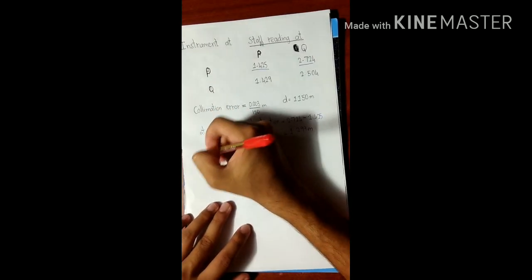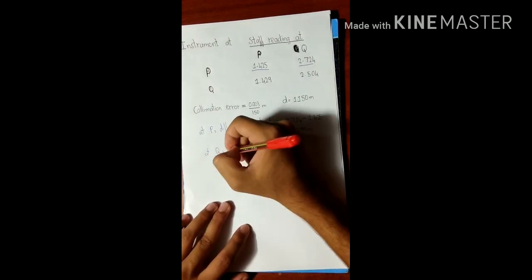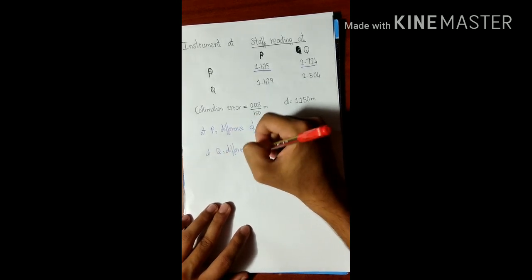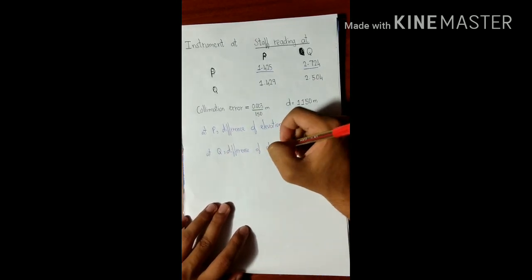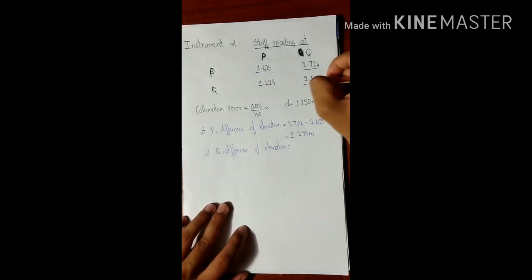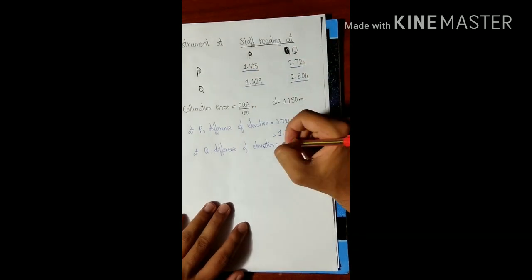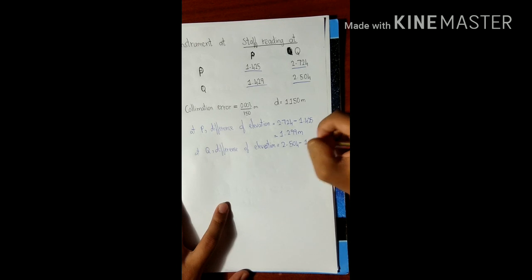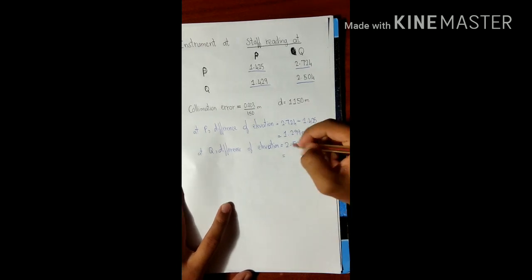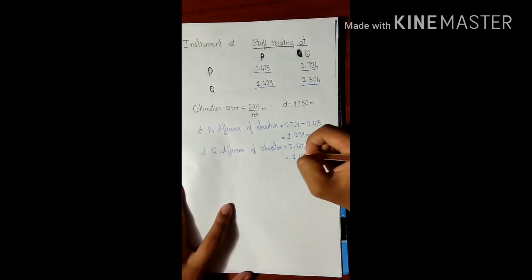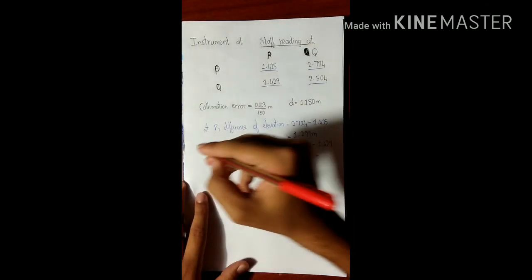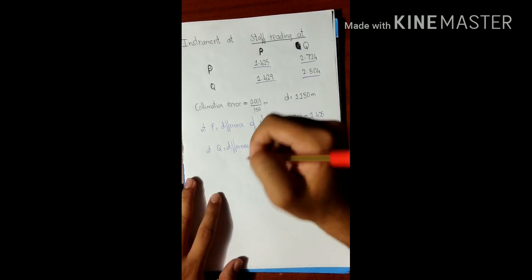With the instrument at Q, the difference of elevation is equal to 2.504 minus 1.429. The answer will be 1.075 meters.